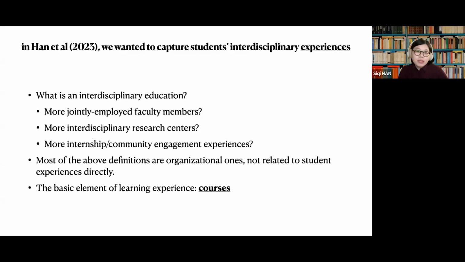We want to define what is an interdisciplinary education. So how did prior researchers define it? Some captured the number of jointly employed faculty members. How many of them hold, for example, a sociology and an anthropology employment at the same time? Others capture it with the number of interdisciplinary research centers.